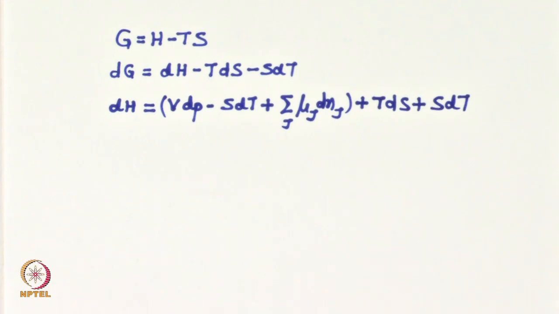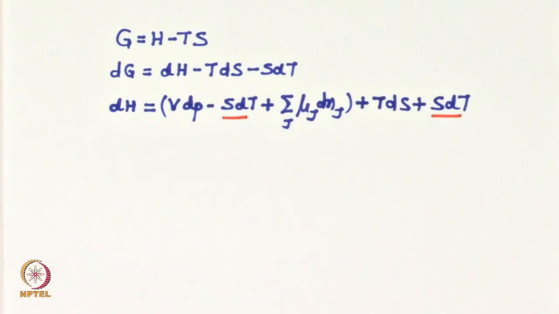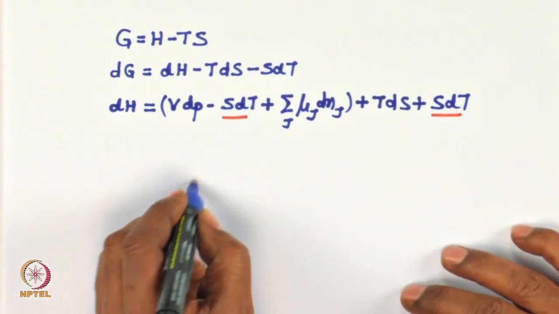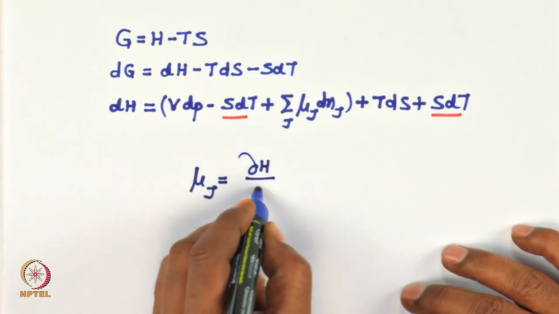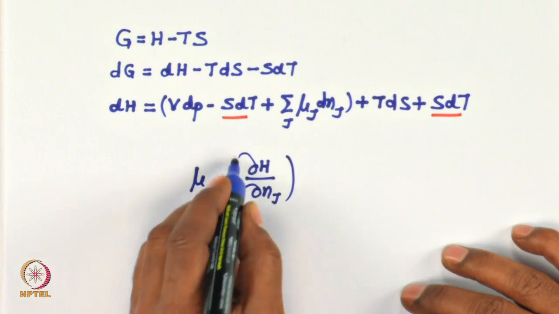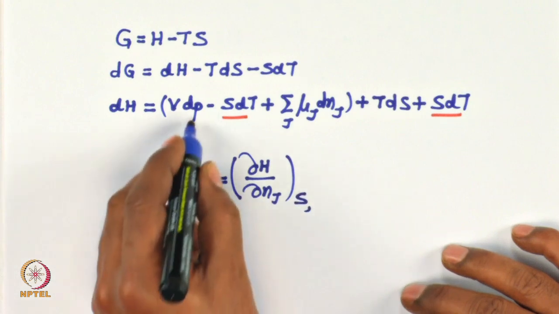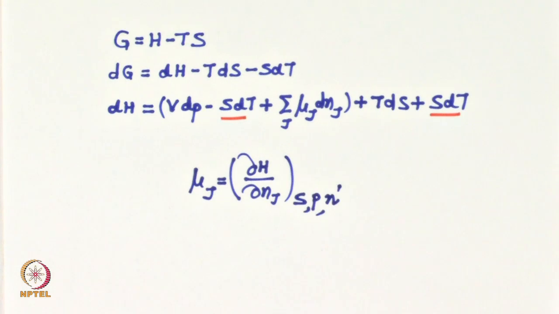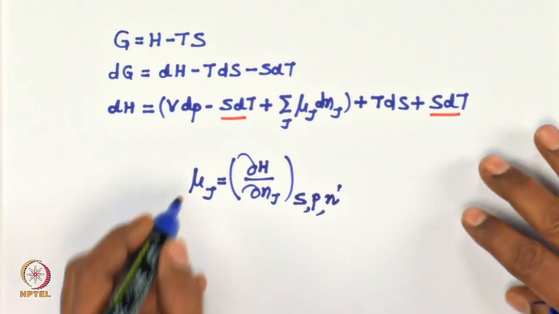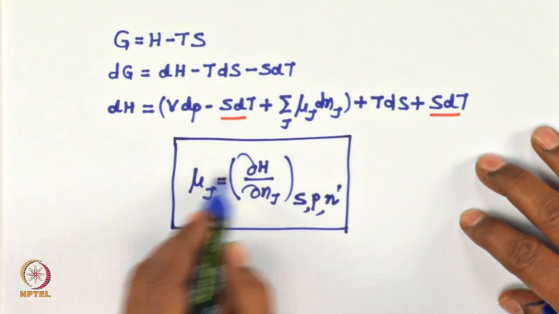And you see here this term gets cancelled, and this allows me to write expression for chemical potential in terms of enthalpy. Entropy constant, pressure constant and composition of other constituents constant. Now, we establish the relationship between chemical potential and the change in enthalpy.